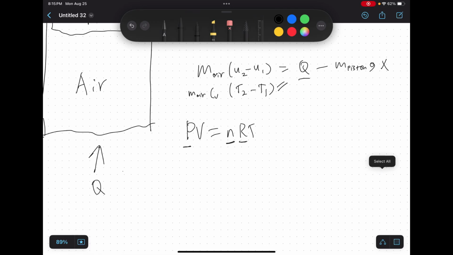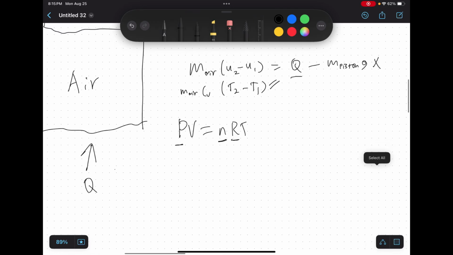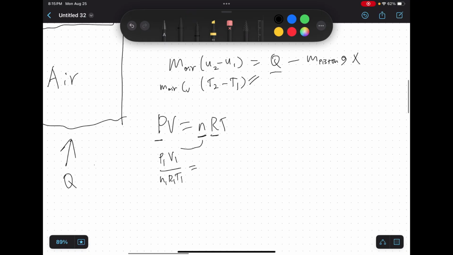So the way to do that would be P1 V1 over N1 R1 T1, so I just divided all this stuff onto the denominator, equals P2 V2 over N2 R2 T2.